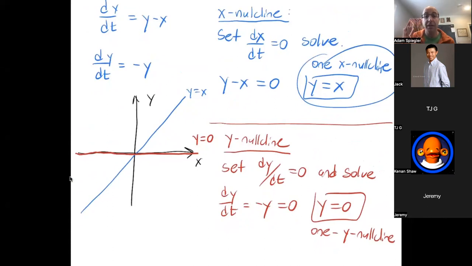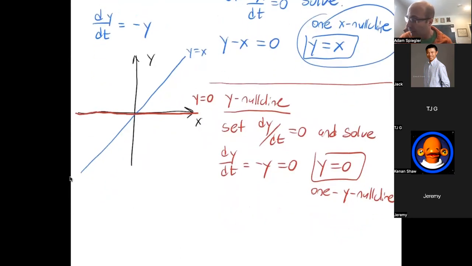Okay. And then the next thing that's going to be useful to do is to actually indicate whether the vectors point up or down or left or right on these nullclines. So right now, I know that all of the vectors on the red line are horizontal. But I'd like to know, are they pointing to the left or to the right? And that depends. Sometimes they point to the left and sometimes they point to the right.